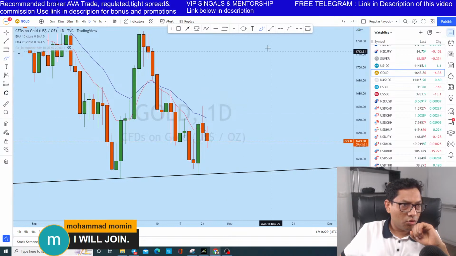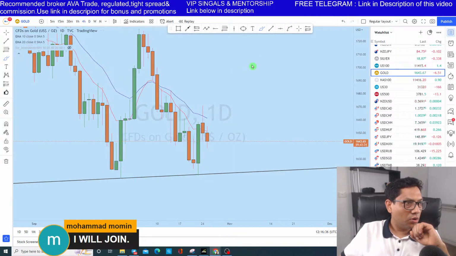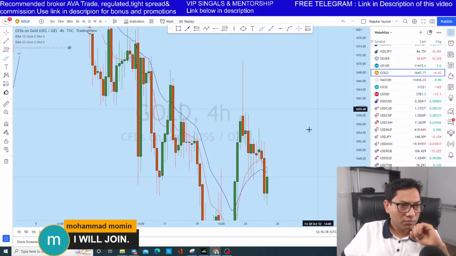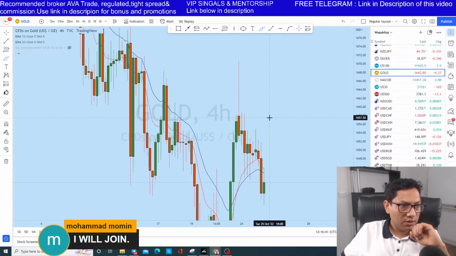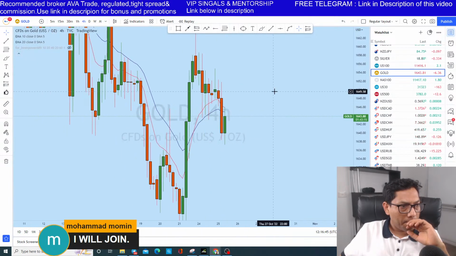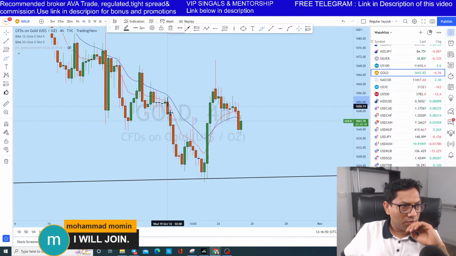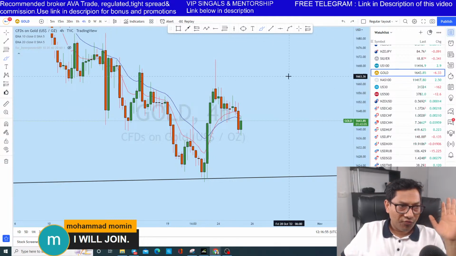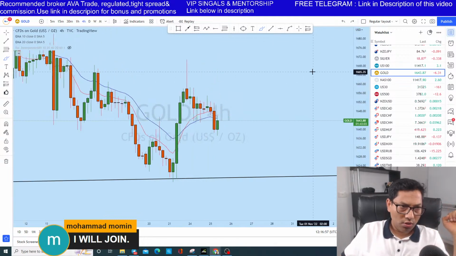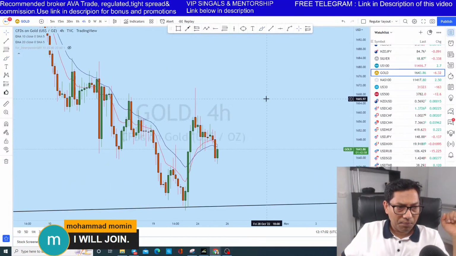As I told you, it could happen that we see back to back two dojis and then create a bullish pattern. Looking at the 4 hour, there is a double bottom, and then we have seen this impulse. For going long with gold, what I need is a clear breakout.